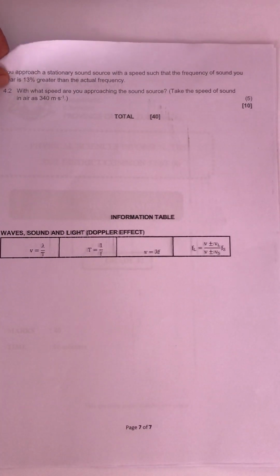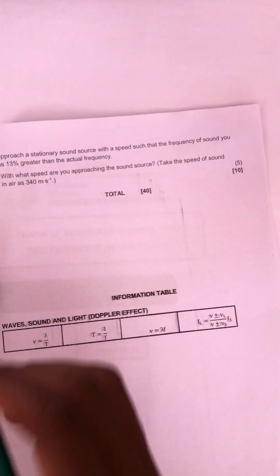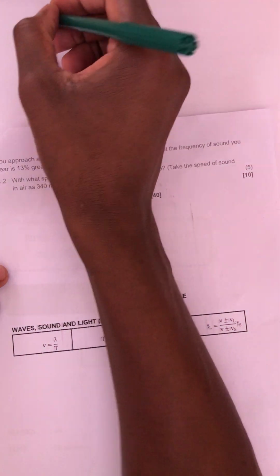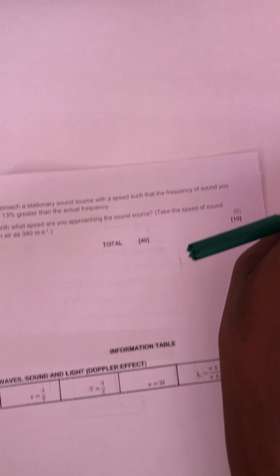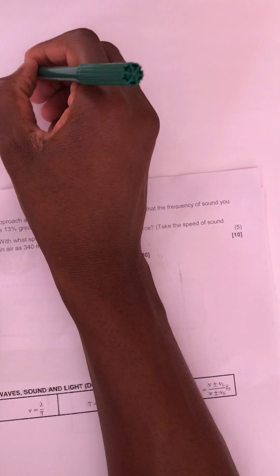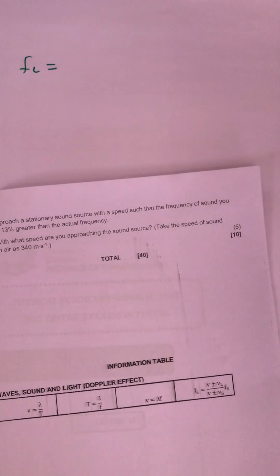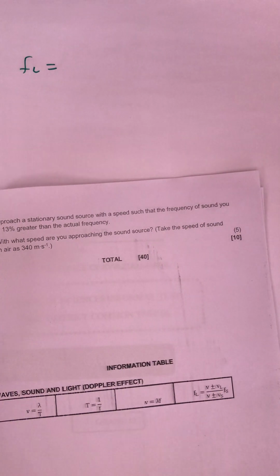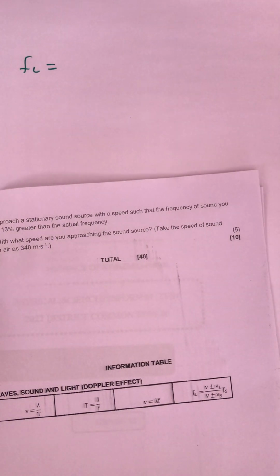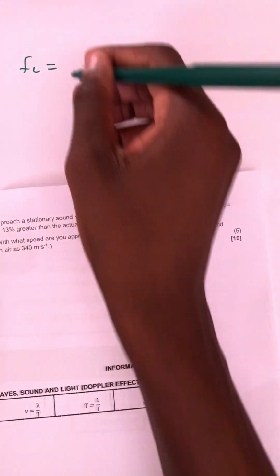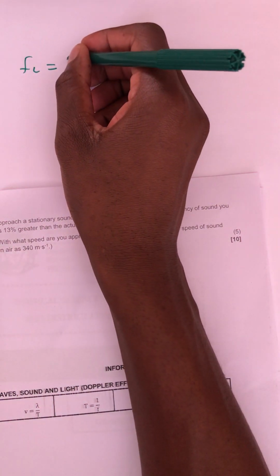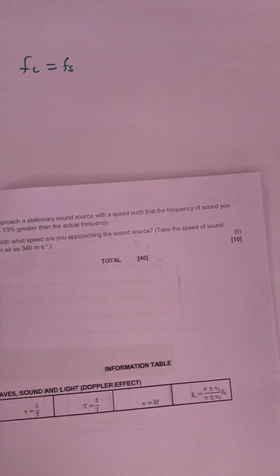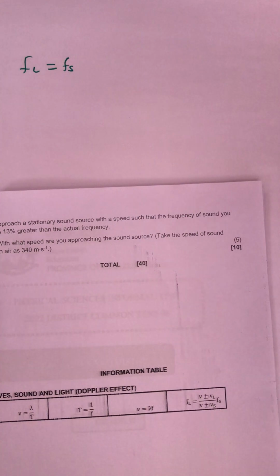So they are saying the frequency of the listener, the frequency that you are detecting as you are moving towards the stationary source, will be greater than the frequency of the source, the frequency that is being emitted by the source.